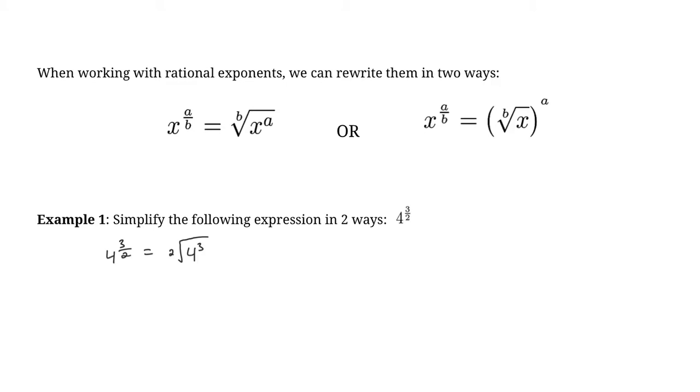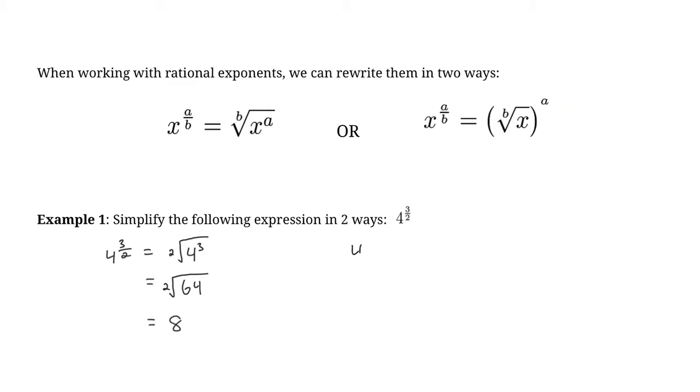And to actually simplify this, we can't apply the square root first. We need to do 4 to the power of 3, which is 64. So this would be the square root of 64, and we know that the square root of 64 is just equal to 8. But let's simplify this another way using this second method.